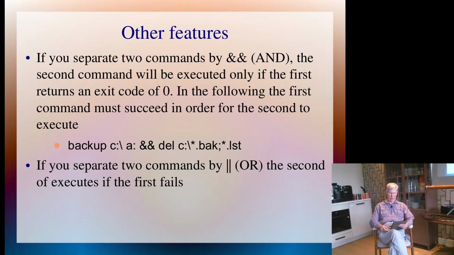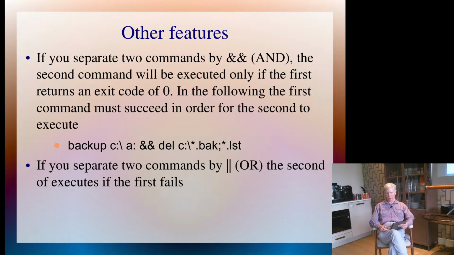And then here's some of the conditional commands you can issue. As you can see, if the first command, backup C to A, returns 0, meaning it succeeded, this would then delete the backup files on C, the files that were backed up off of C. But if it fails, it won't.